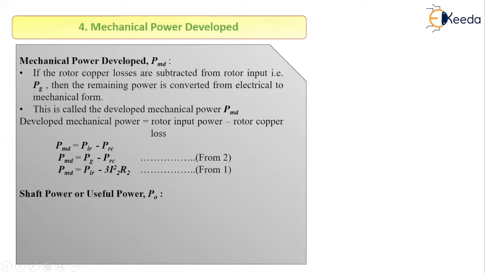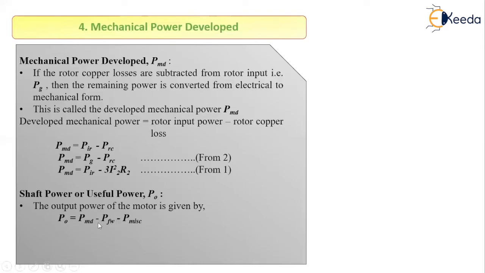Now there is another power that is called the shaft power, or the useful power, that is the actual power which we get at the output of the induction motor. So let us see what this power P0 is. It is the output power of the motor, which is given by PMD minus P friction and windage minus P miscellaneous.